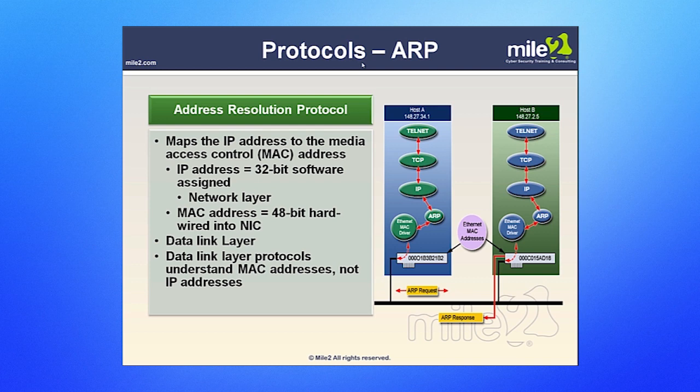Now, ARP, another good protocol, very necessary protocol. I showed you that from the command prompt, where you could see the IP address and the actual MAC address mappings. So that's what it does. It maps the IP address to the MAC address. And these days, we're still using 32-bit numbers. If you take it down to binary, it's 32 bits.